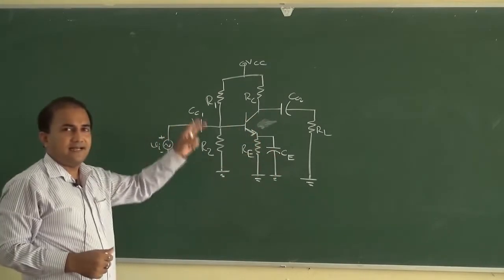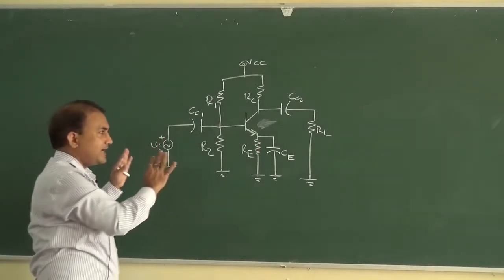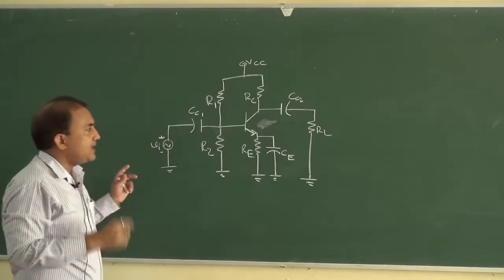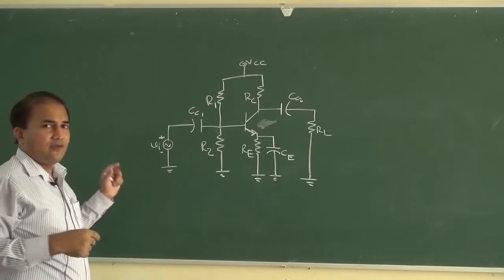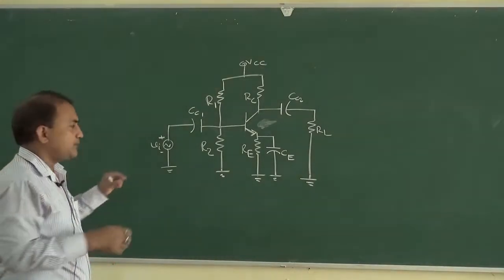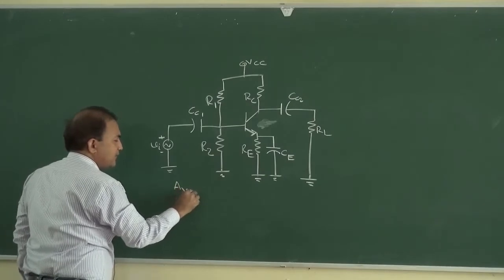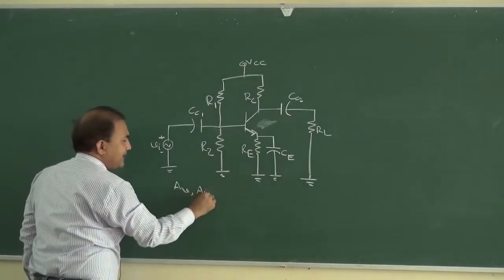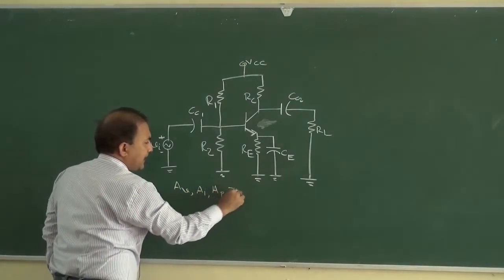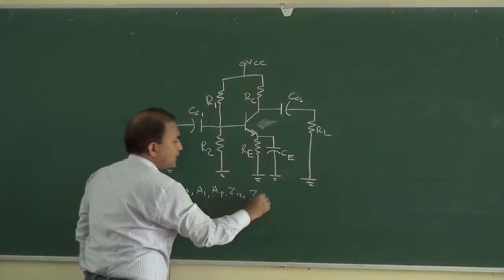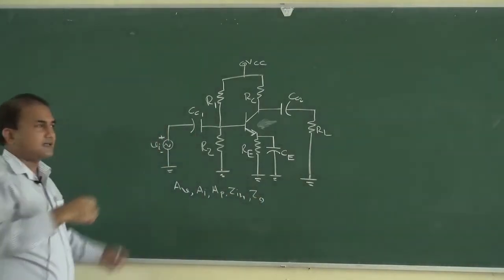So we have seen its working in the previous class. Now in this class we will see how to calculate various parameters: voltage gain, current gain, power gain, input impedance and output impedance of this complete circuit.